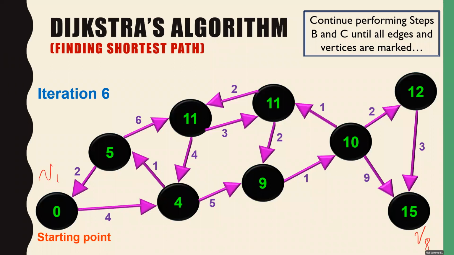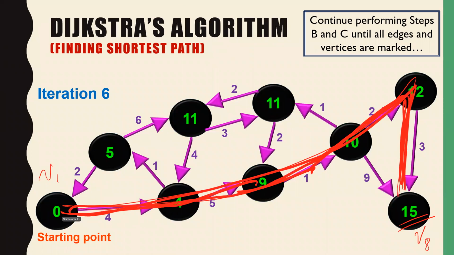So, hanapin mo ngayon yung path of length 15. Okay? Doon ka dadaan sa path of length 15. So, saan ba yun? Actually, you can work backwards, I think. So, ito yata yung shortest path na yun. Oops, and then here. So, this is the shortest path from V1 to V8.